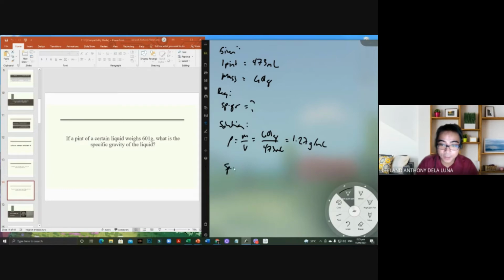So my specific gravity is equal to 1.27 gram per ml divided by 1 gram per ml. Actually, I don't even need to write this. But of course, I still require you to write it when we do solutions. Technically, you don't need to write it, but again, I require you just so you know. So that's still 1.27, our specific gravity. Okay? Very good. So that's it.